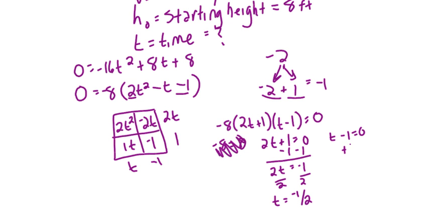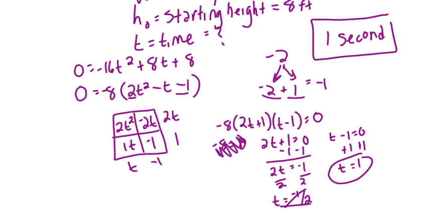Here I add 1. Now we are talking in context, and we're talking about time. So this is in seconds, how long it takes her. It doesn't make sense to take negative half of a second, right? We don't use negatives with time. So this is what makes sense. So it's going to take her 1 second to reach the ground from her dismount.